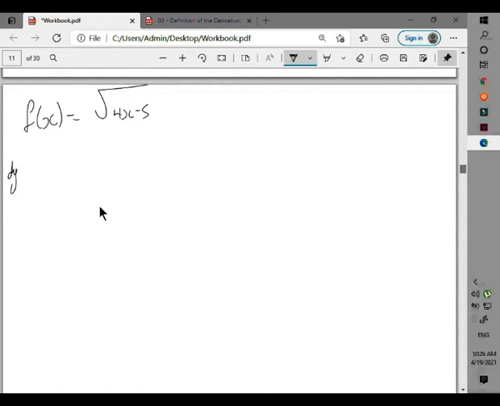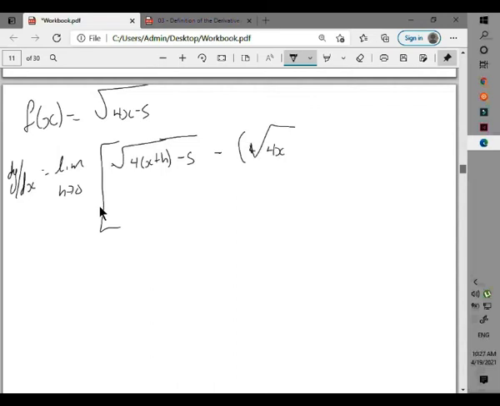So dy upon dx equal to the limit as h approaches 0 of the root of 4 open bracket x plus h close bracket minus 5, minus, open bracket, root of 4x minus 5, close bracket, all being divided by h. You know the magic happens in the next line, so let me just write this one time.